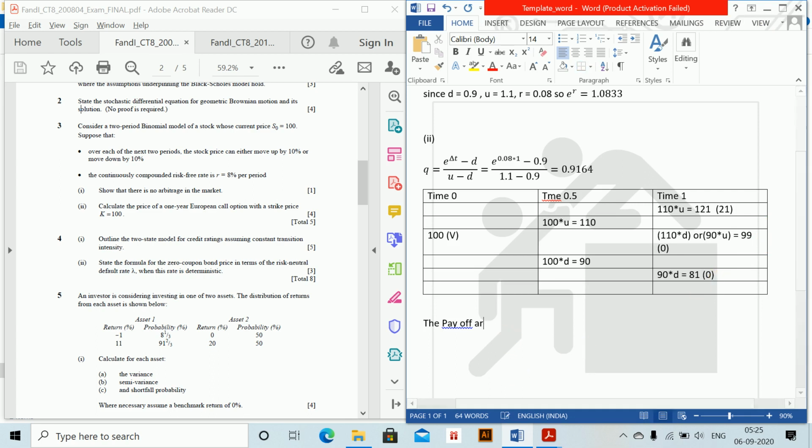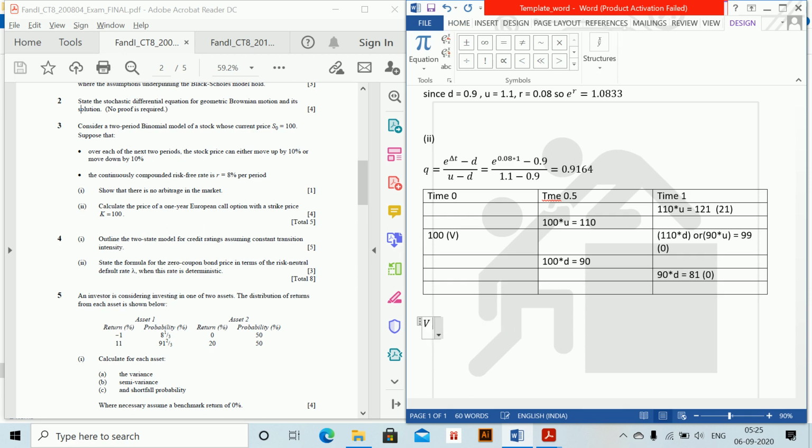Now just calculate V. So V is equal to e to the power minus 2r times the expectation of the payoff given F naught.